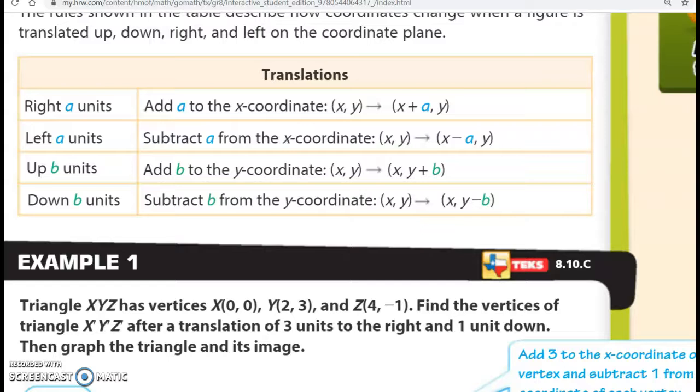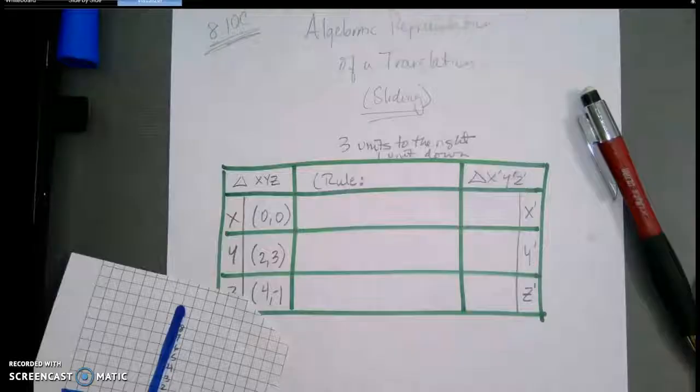That means that it's going to add in terms of x value, and then 1 unit down, meaning that it's going to subtract in terms of your y value. So let's see what that looks like. Now, the rule says, again, 3 units, and I'm writing this down for us when we start working. That's 1 unit down. Okay, so let's go ahead and switch over.